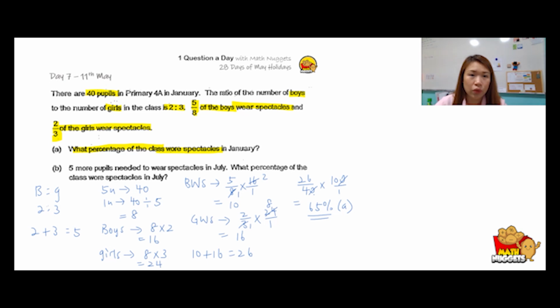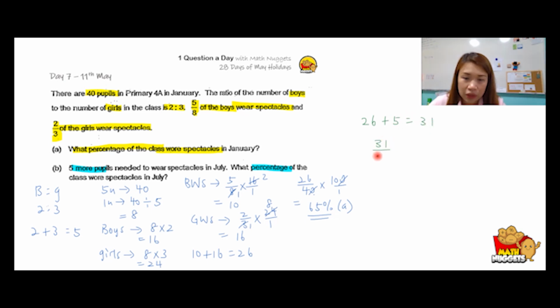Okay, so now for part B. 5 more pupils needed to wear specs in July. What percentage of the class wore specs in July? So again, they're asking for the percentage. It increased by 5 people. So that means from 26, now it became 31.